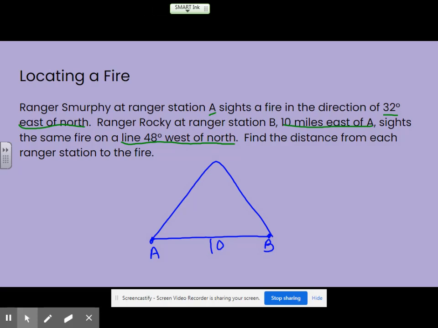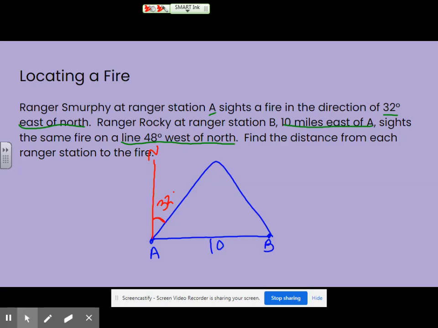All right. Handling Smurfy's line of direction towards the fire, 32 degrees east of north. I mentioned that for our triangles, we won't have right angles, but we will be utilizing right angles when it comes to situations like this. We're always able to be perpendicular to north, and so if she's spotting this fire 32 degrees east of north, this little angle in between, where it's on the outside of our triangle, but it's still within that new 90 degrees we formed with our north line, is going to be our 32 degrees.